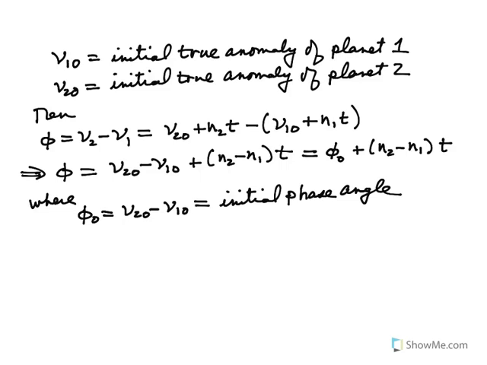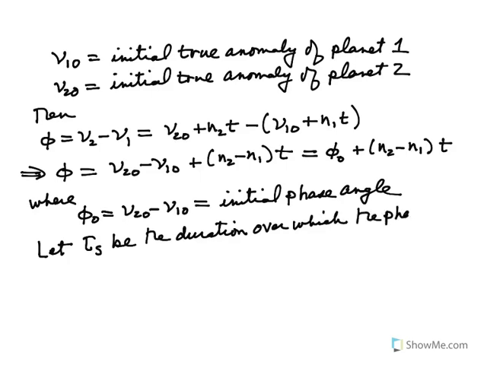So we're going to define a quantity which is going to be called the Synodic Period. So we're going to say let tau s be the time interval or duration over which the phase angle changes by 2 pi. Now, the 2 pi change in the phase angle basically means that the phase angle is back where it started before.